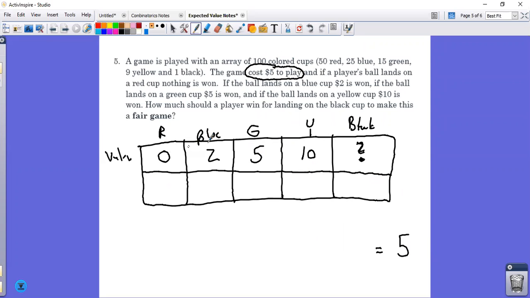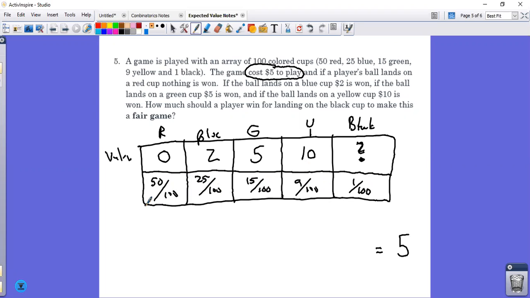Now we could have adjusted these values to the $5, but we'll just leave those the same. So 50 out of 100 are red, 25 are blue, 15 are green, 9 are yellow, and 1 is black.